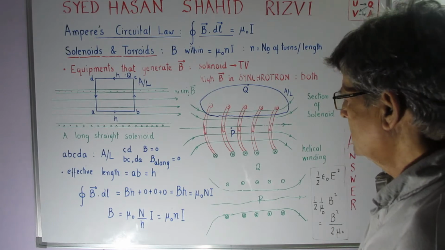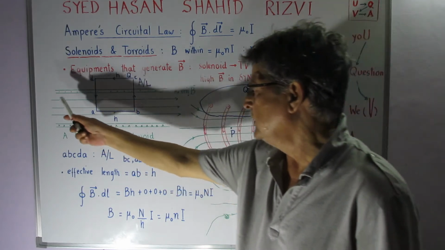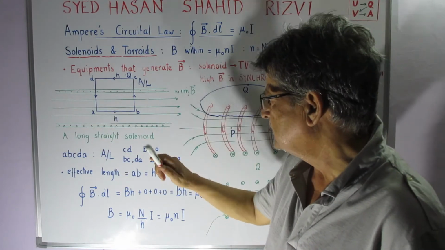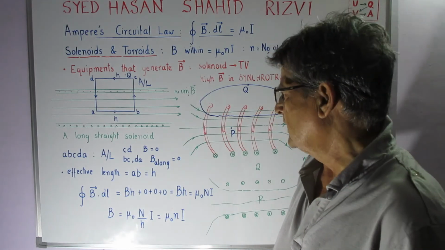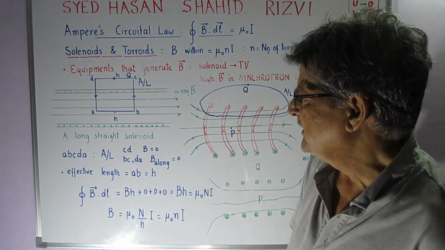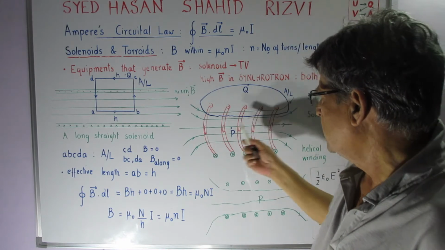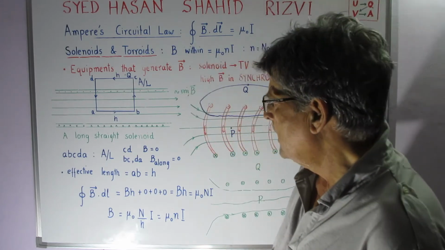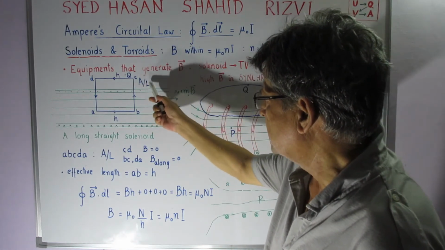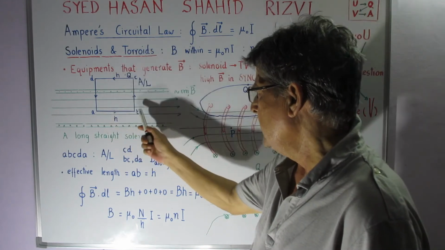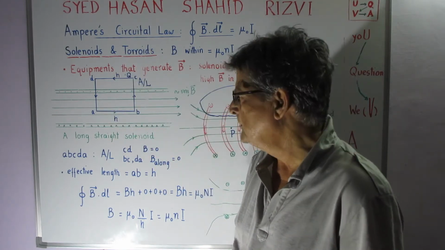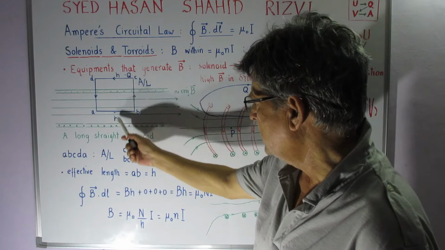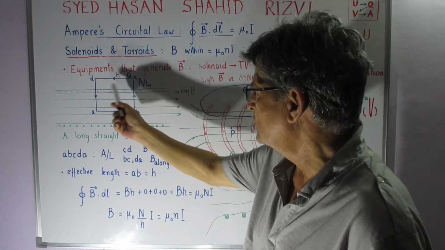Now the whole thing has been drawn over here. The dots mean the wire is coming out, and the cross means that the wire is going in. So there is a current which you can see, and instead of a circular Amperian loop, we take a rectangular loop, part of which is inside the solenoid and part of which is outside the solenoid.